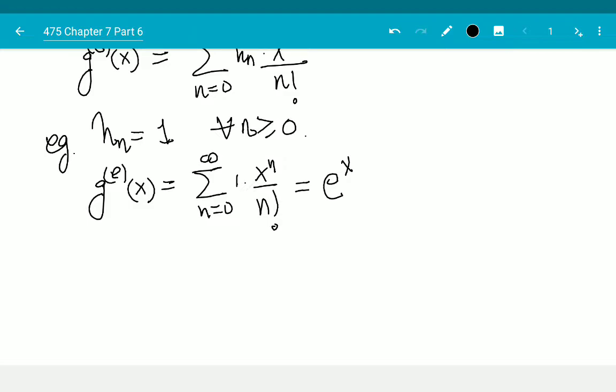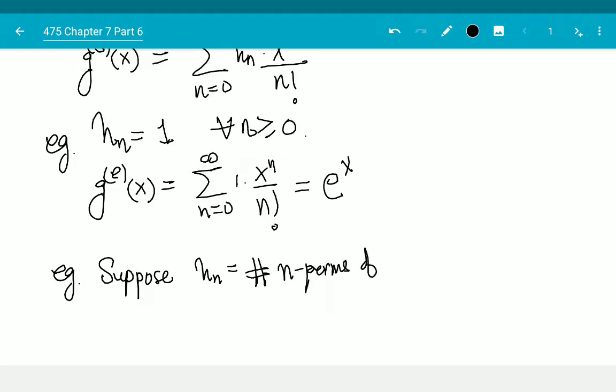Okay, so let us look at some more examples. Example: suppose h_n denotes the number of n-permutations of 1 to m.